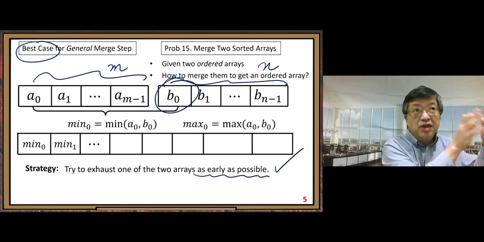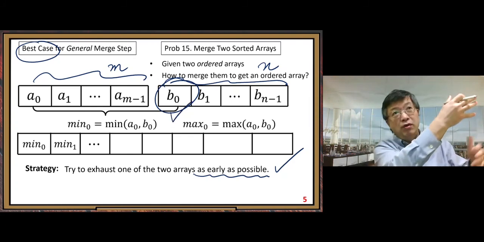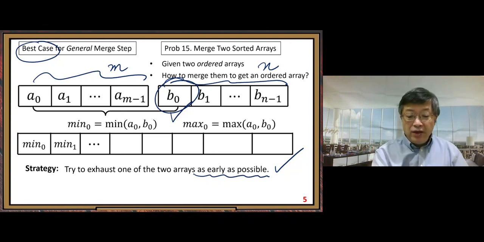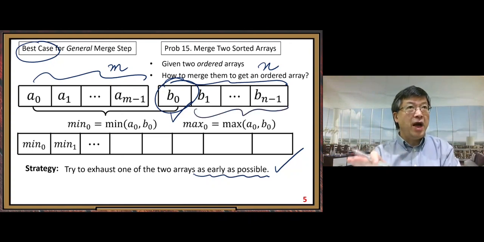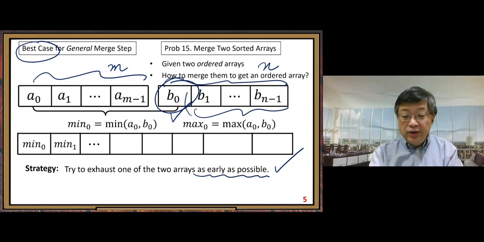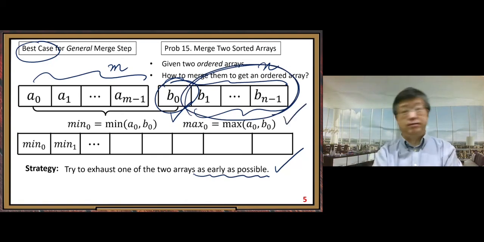The first one already beats all elements in the other, so we do not need to do comparison for the remaining elements in that subarray. We can put all these elements in place. That's the best case scenario.